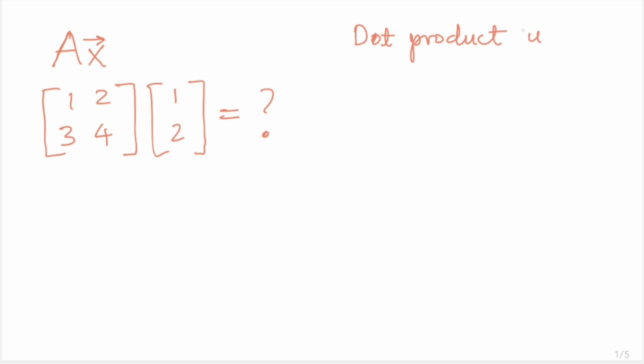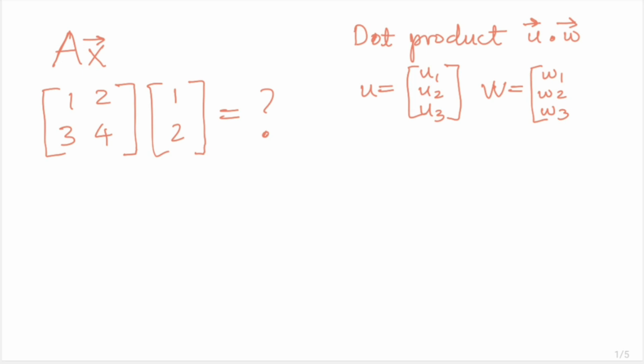Let's say u has the components u1, u2, u3, and w has the components w1, w2, w3.